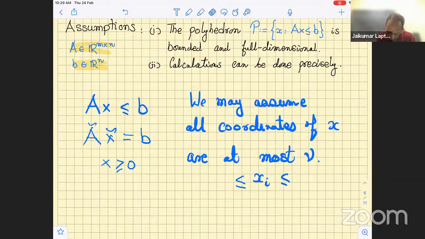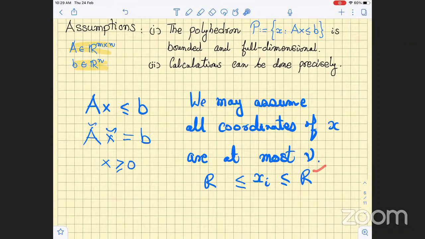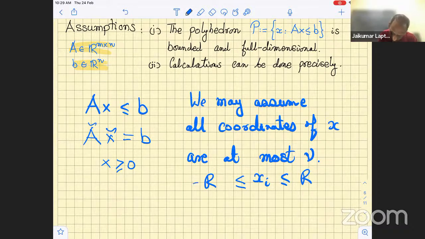Each coordinate is bounded by some value r, so that is minus r on the left, and r on the right. So it becomes a box, and we are now in the bounded situation.